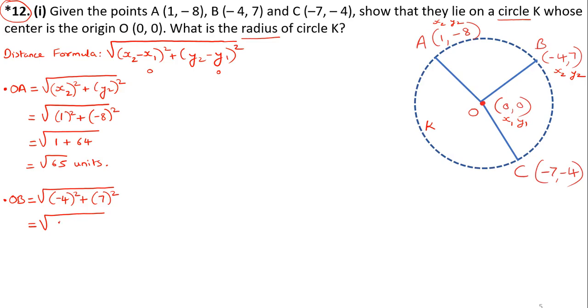This will become 16 plus 49, and you again get root 65 units. Now similarly, we will calculate for OC.